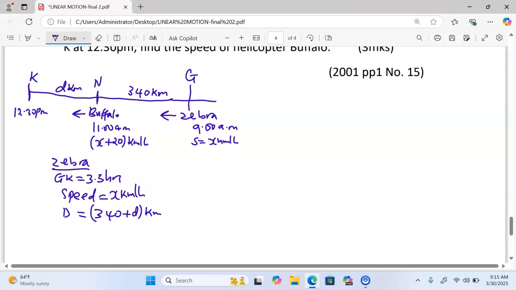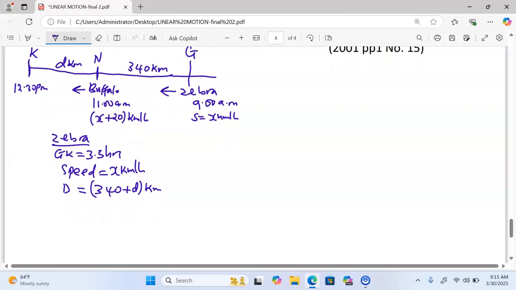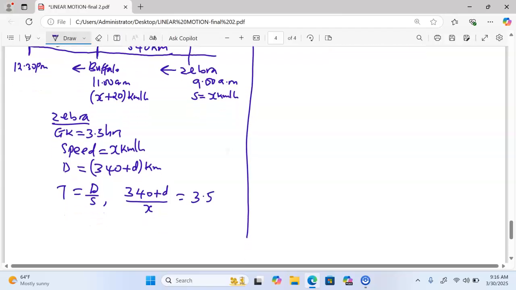Once we have that, we can formulate an equation for the two. Remember, we have been given the common time of arrival at 12:30, and we know that if you take distance and divide by speed, you will always get time. The distance for Zebra is 340 plus D. We divide by the speed, which is X, and this gives us 3.5 hours.